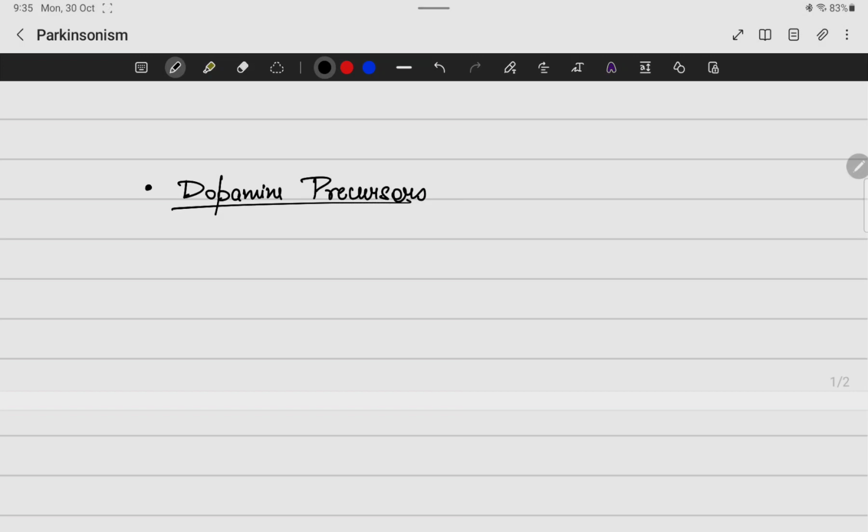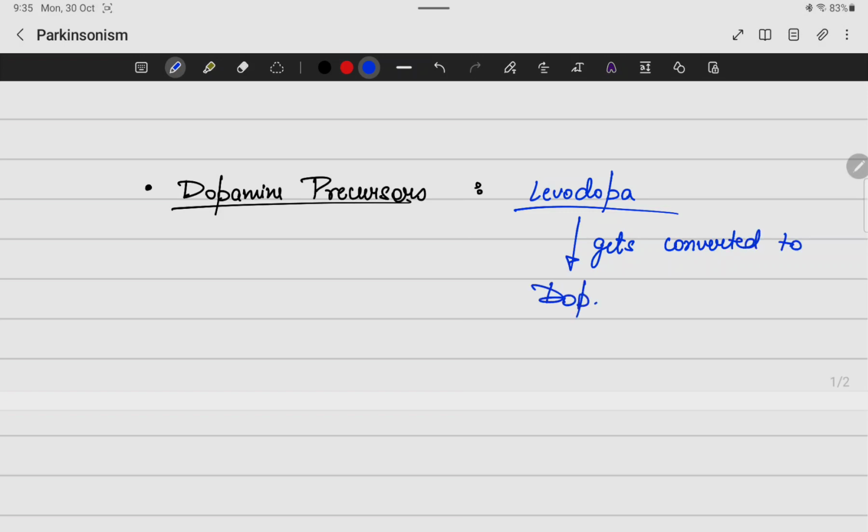This drug gets converted to dopamine in the brain and also in the peripheral tissues. The drug is called levodopa, L-dopa. This levodopa gets converted to dopamine in the CNS and peripheral tissues.